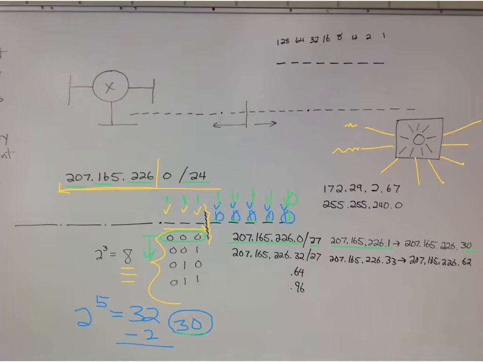Our next network address is .32/27. So we start at 33 and we go to 62. Next network address, .64 with the /27.